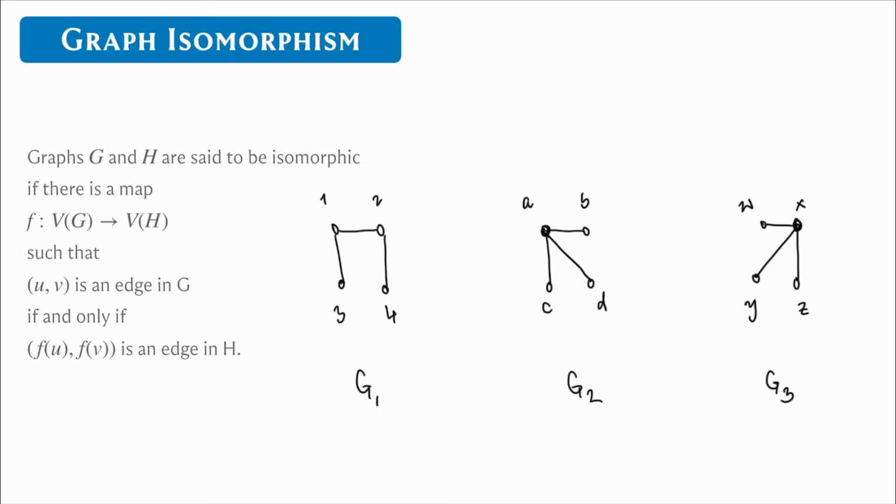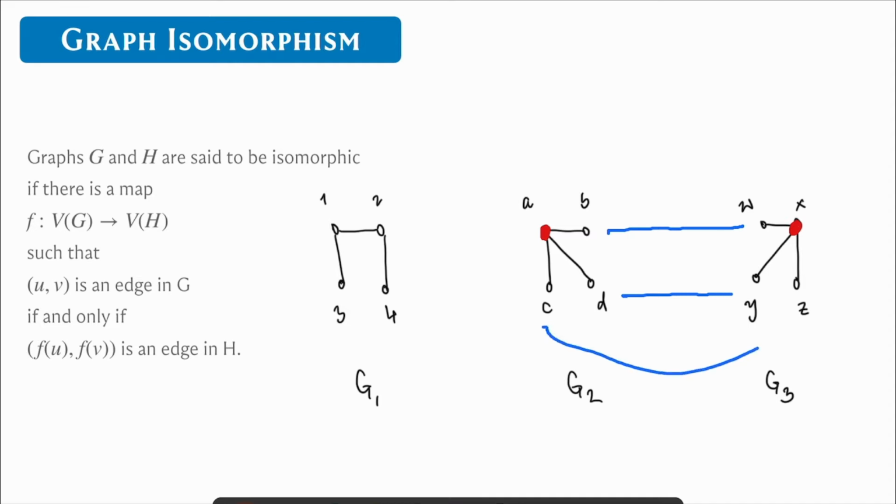So for instance, you could map the vertex A to the vertex X. By the way, notice that this is forced because these are the only two vertices of degree 3 in both of these graphs. But for the remaining vertices, pretty much any way that you map them should work. So for example, we can map B to W, D to Y, and C to Z. And I did that here because that was just the most convenient thing to draw. But really, any other permutation of these 3 vertices would work out just the same.